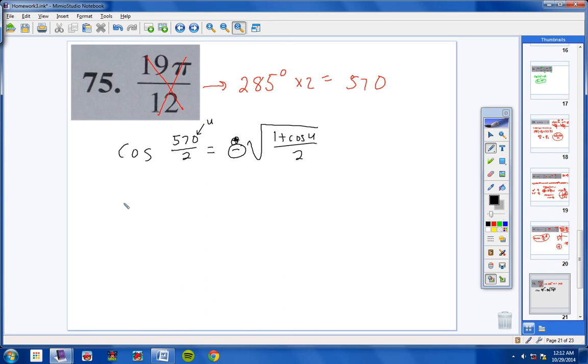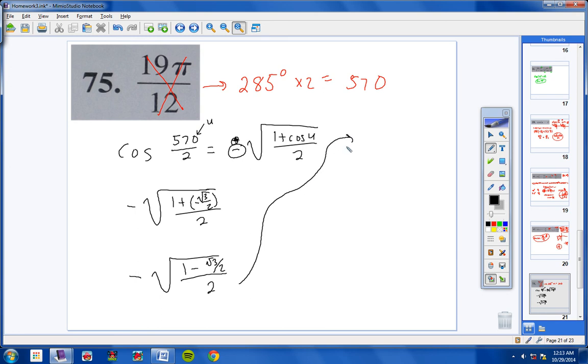And then next, we already know what cosine of u is. We just found it in the last problem. So 1 plus negative square root of 3 over 2 all over 2, and 1 minus square root of 3 over 2 all over 2.